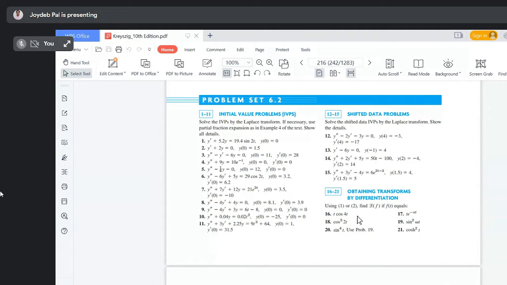can you tell me how many times I have to differentiate it and then need to take Laplace transform? How many times differentiation? For problem number 17, number of differentiation 1. We have differentiated one time, right?